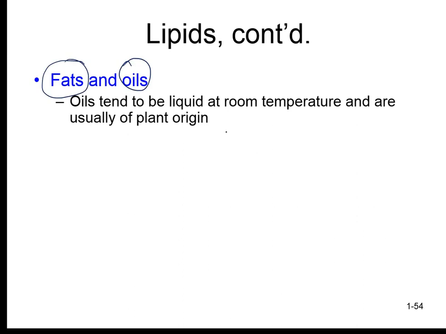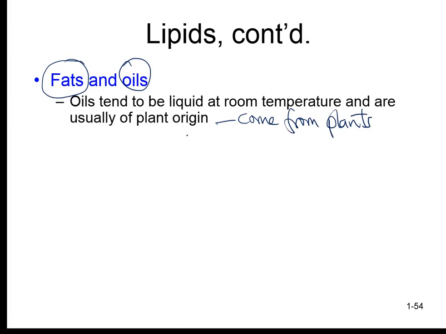So oils are liquid at room temperature. Oils come from plants. So if a lipid is coming from peanut, it will be an oil because it comes from plants.